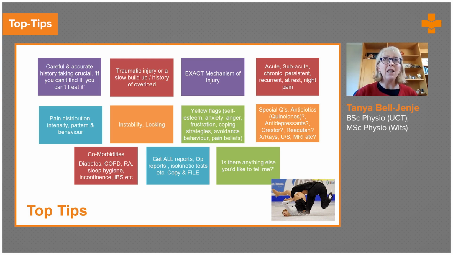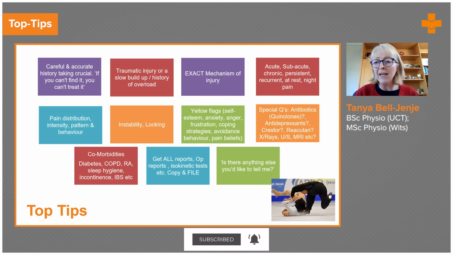Other things that might make a difference on your rehabilitation strategies are, what comorbidities does the patient have? So diabetes, COPD, seronegative spondyloarthropathies or autoimmune conditions will have a large impact. Maybe a relationship with poor core control, for example, related to continence or irritable bowel.